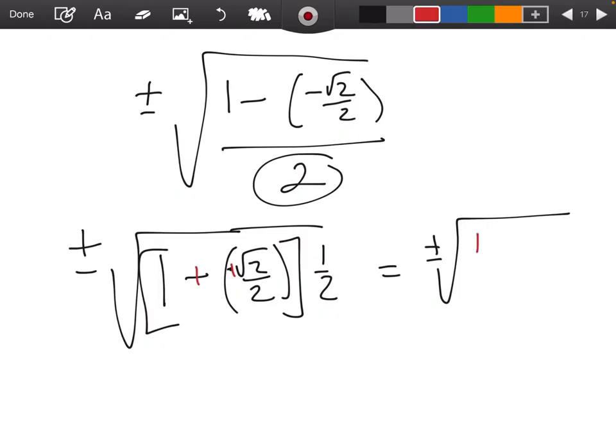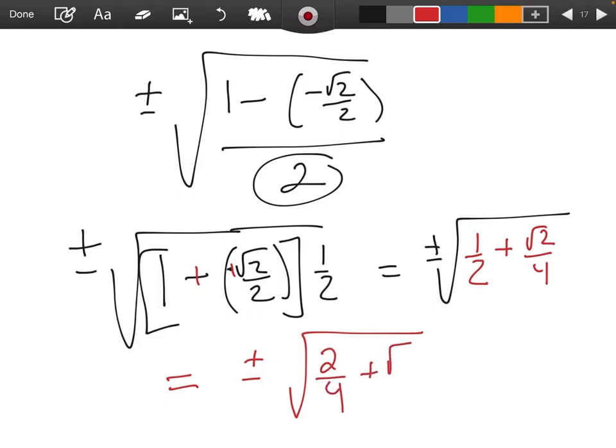So that's going to be 1/2 plus the square root of 2 over 4. Okay. We're going to come back here, plus or minus. Okay, let's get a common denominator. 2 over 4 plus the square root of 2 over 4. Okay. And that's going to give me big square root of 2 plus the square root of 2, all over 4.